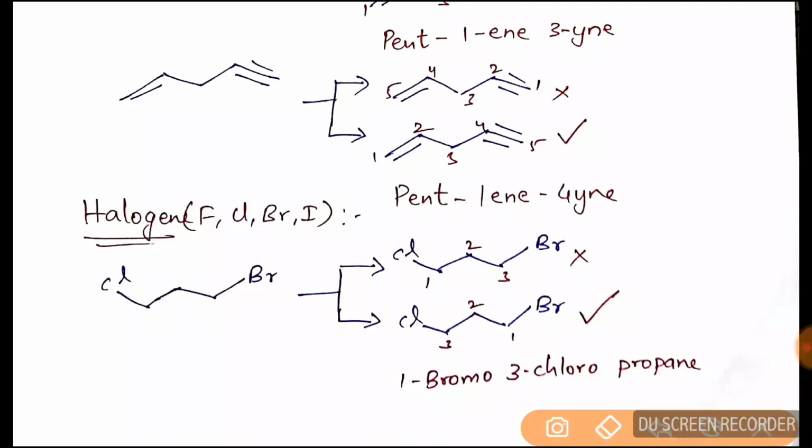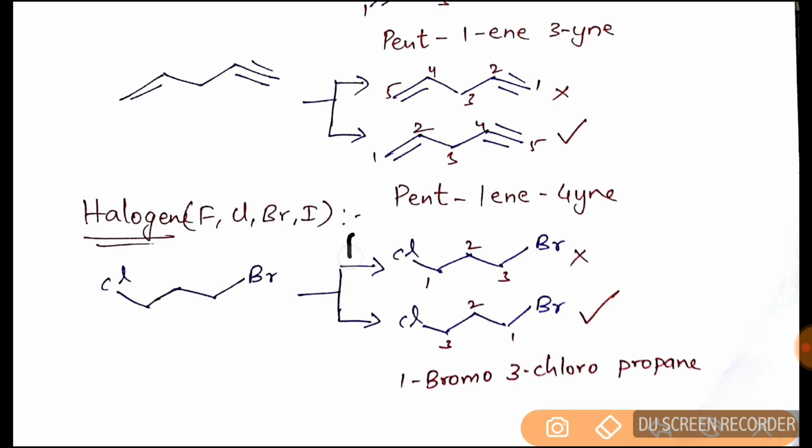Okay, see the IUPAC nomenclature. If there is more than one halogen group, then the numbering is given according to the alphabetical order. As I have told you before in that priority table, B for bromine, C for chlorine. So first comes bromine, so the numbering should be given according to bromine.